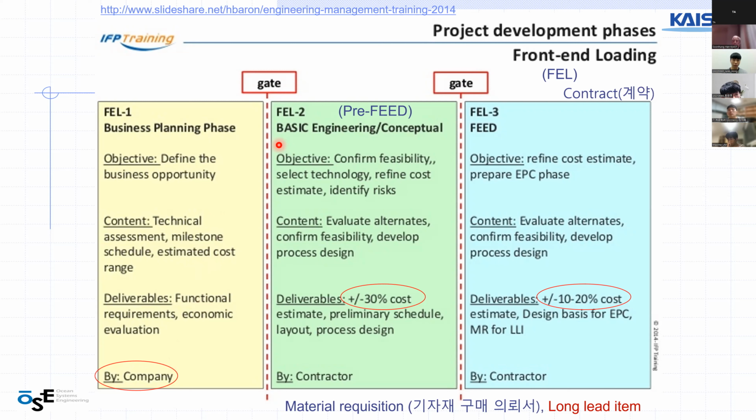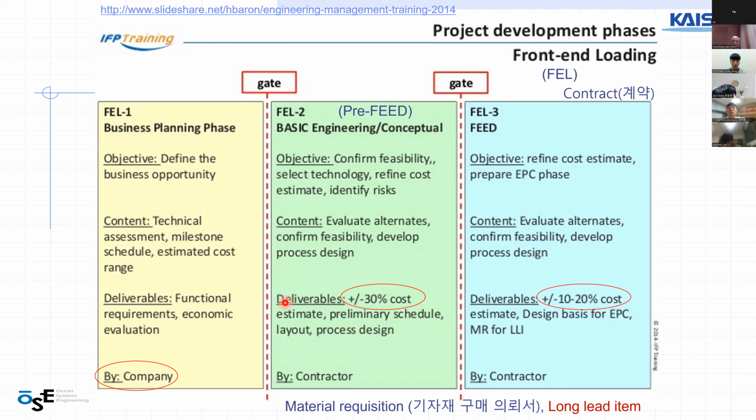The second phase is basic engineering conceptual. It is called pre-FEED. The objectives are such as confirming feasibility and selecting technology. In this phase, you evaluate alternatives, confirm feasibility, and develop process design.